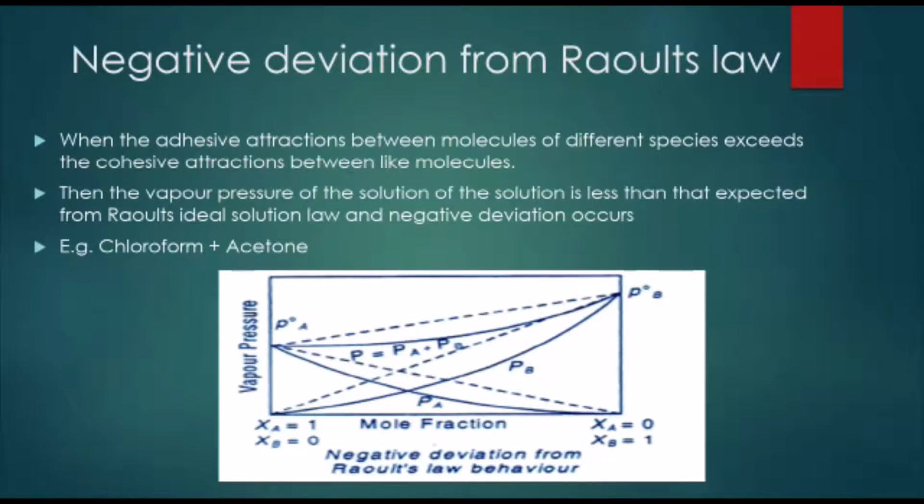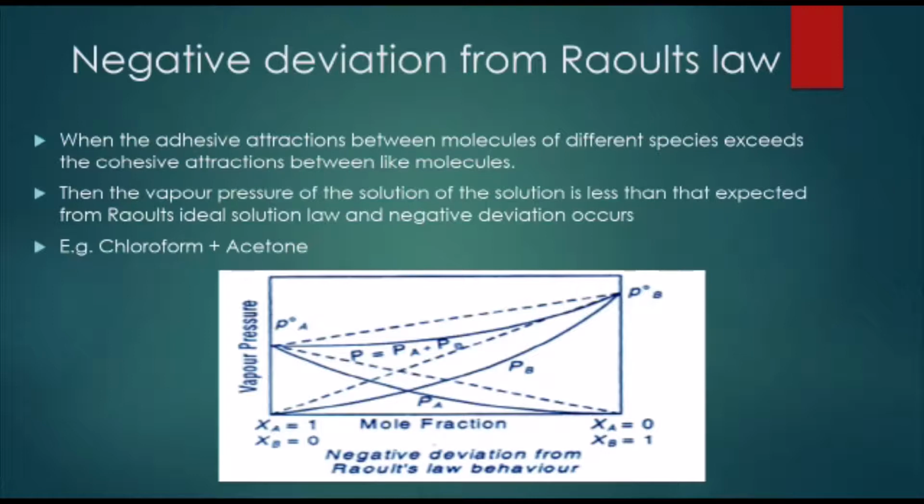We can also understand this by the graph method, by plotting the graph. Consider that there are two components, A and B, where A is the solvent and B is the solute. Initially the mole fraction of A is 1, but as we move from left to right, the mole fraction tends to 0. Similarly, in the case of B it is vice versa.